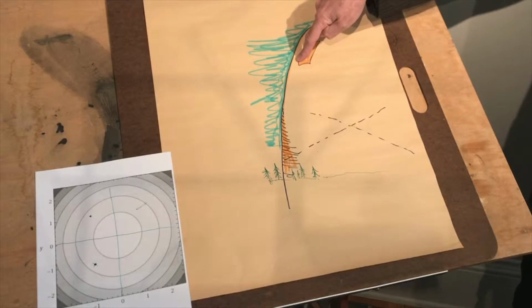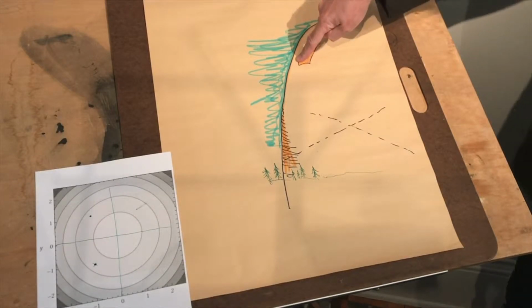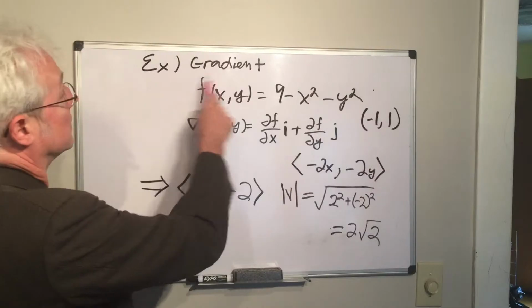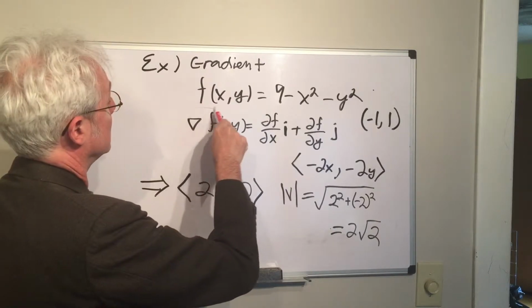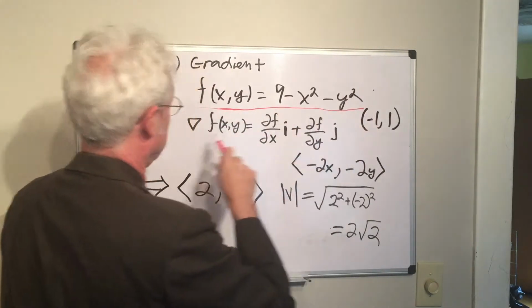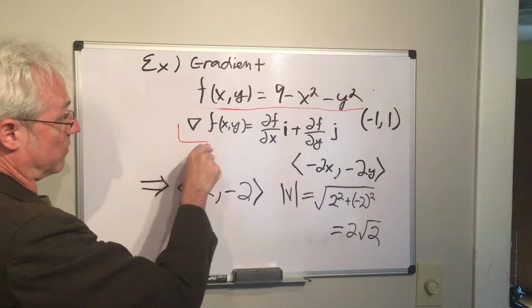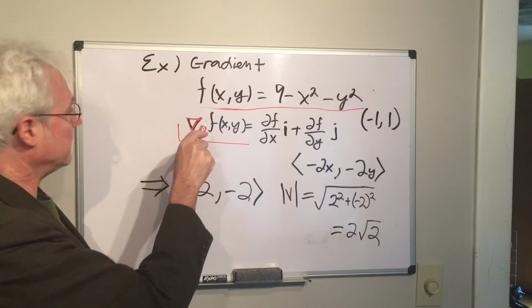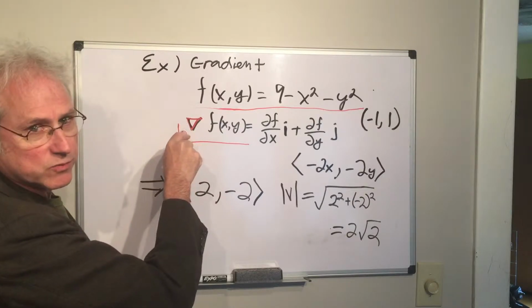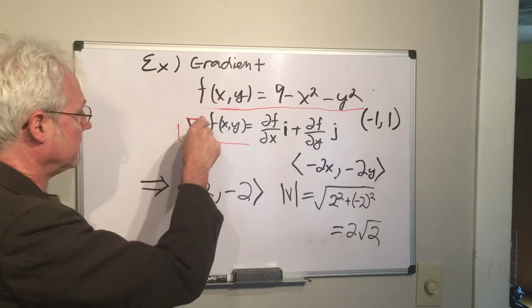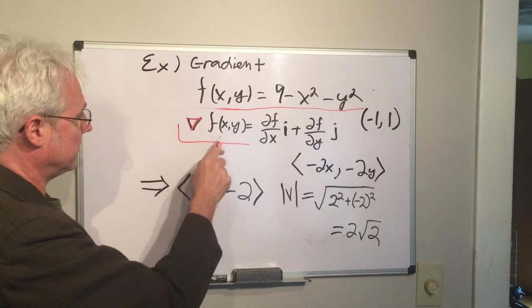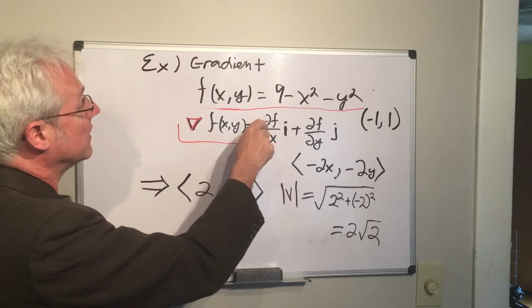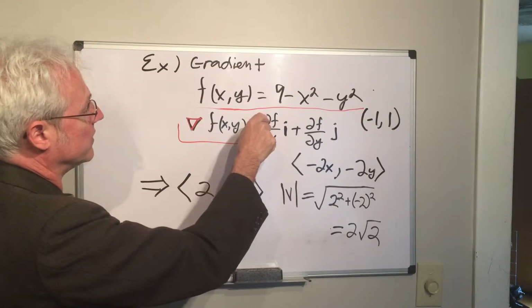We'll calculate this vector using partial derivatives, and it's going to look like this. Here's our function, and here is our formula for gradient. This little upside down delta, which we call del, is the symbol for gradient. We got our function, and we have our partial derivatives.